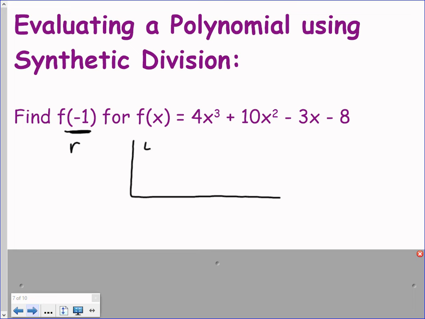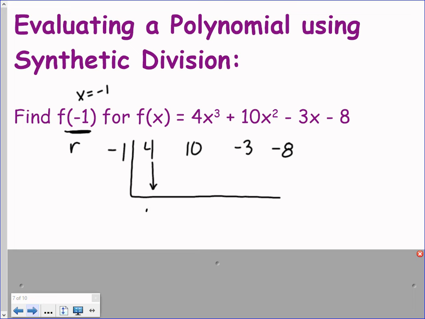So I'm going to set up my synthetic work. Difference here is I already know x equals negative 1, so there's no change of sign. Like when you're given the linear factor, you can solve for x. Here we know x is negative 1. And we just work through synthetic. Whatever that remainder is going to be the value of our function.